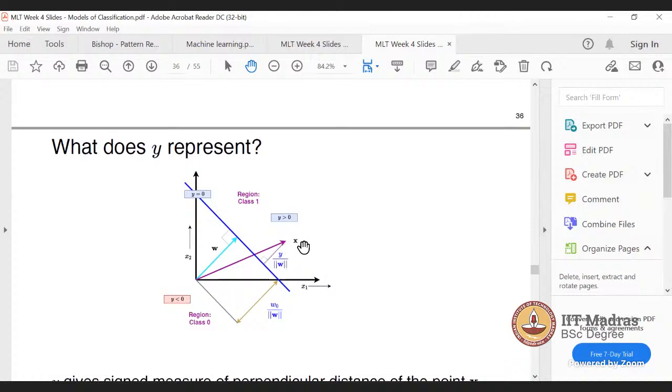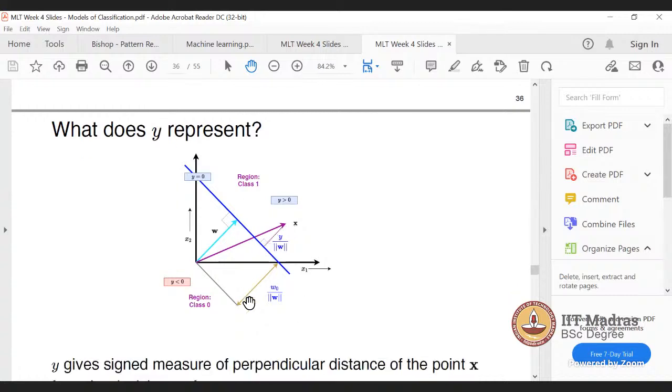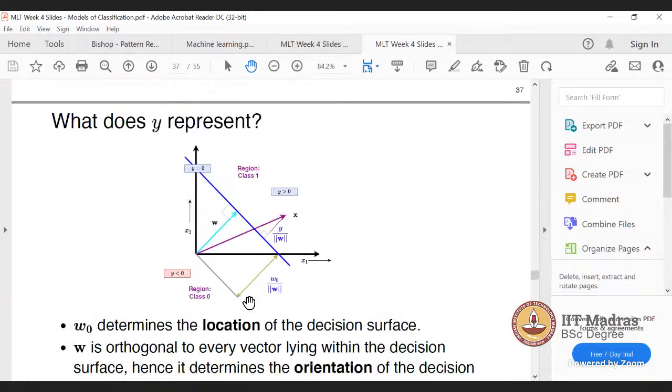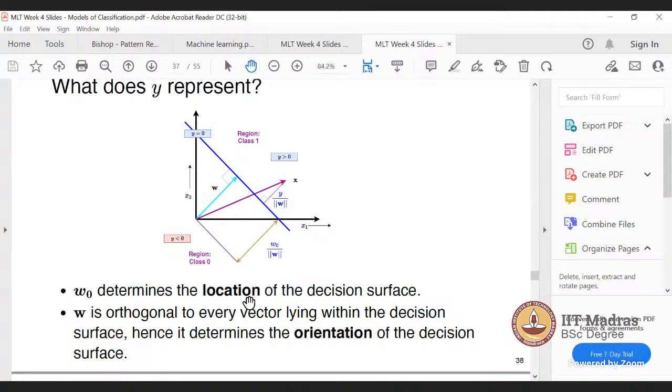So y denotes the distance of that point from the hyperplane, the hypersurface. Okay, any problem up to this point? So remember, w naught determines the location because it gives you the distance from the origin, and the vector w determines the orientation of the decision surface.